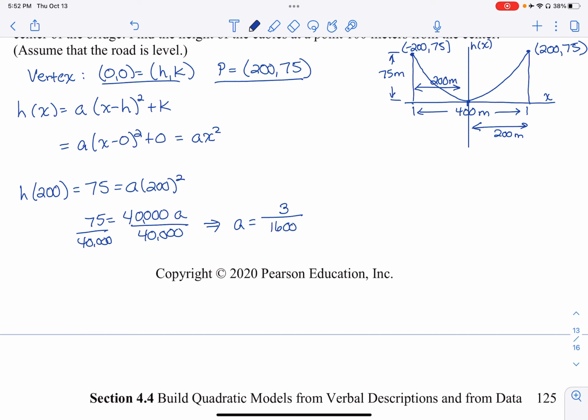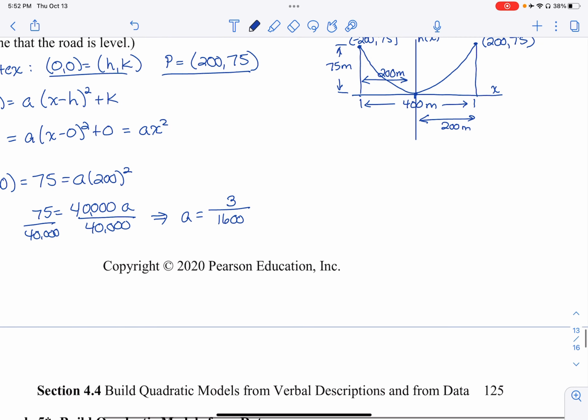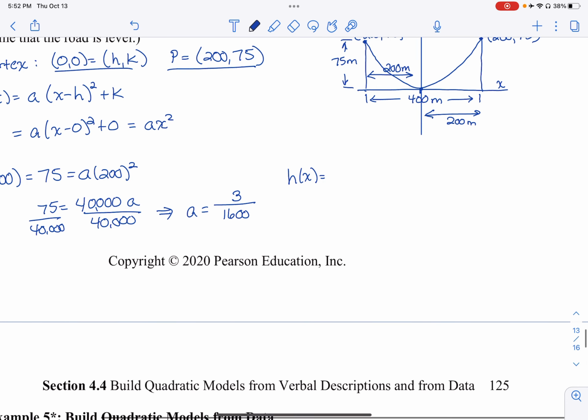So my expression is h of x equals 3 over 1,600 x squared.